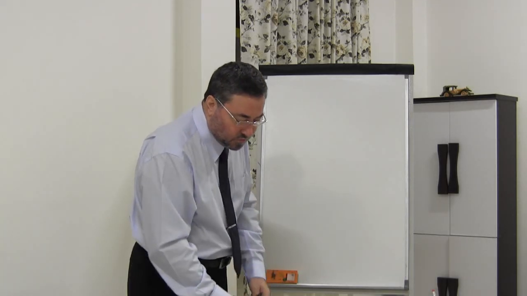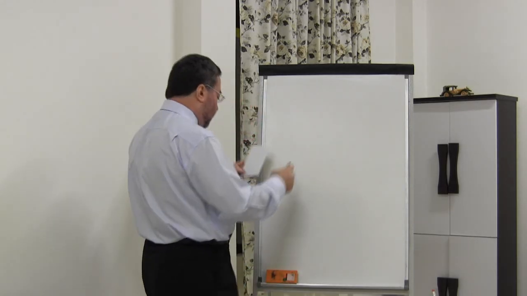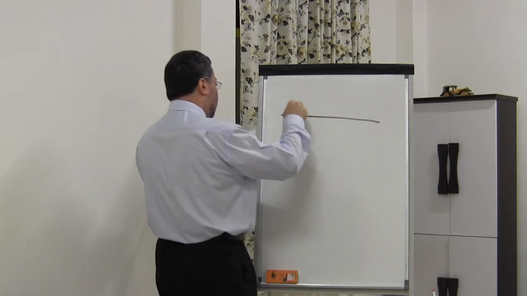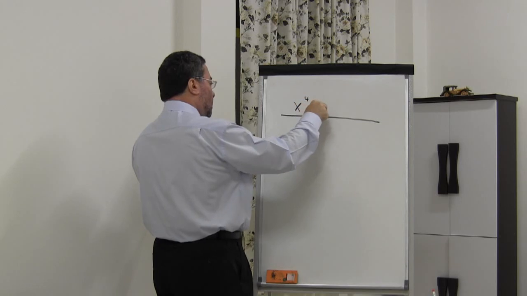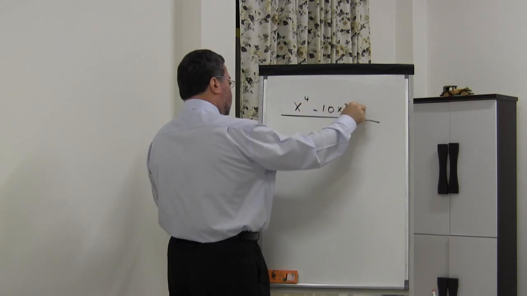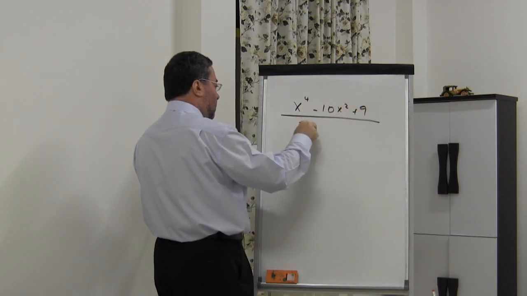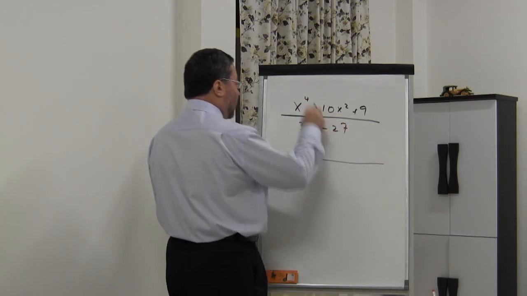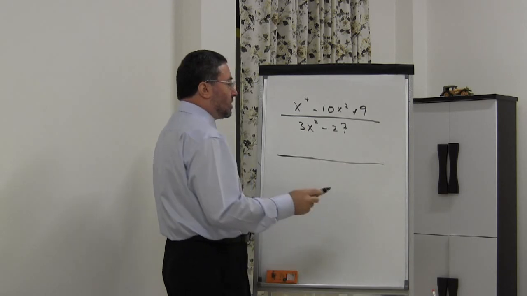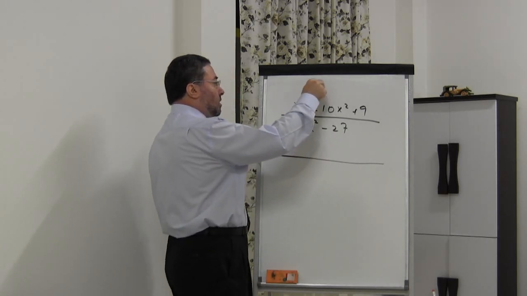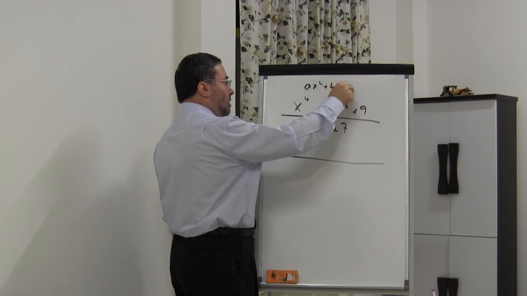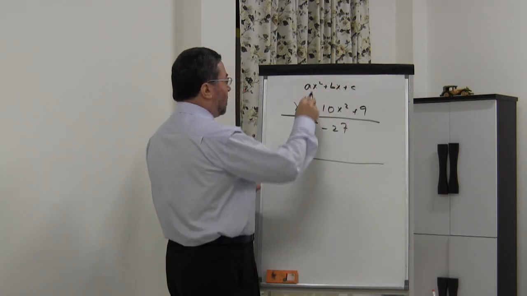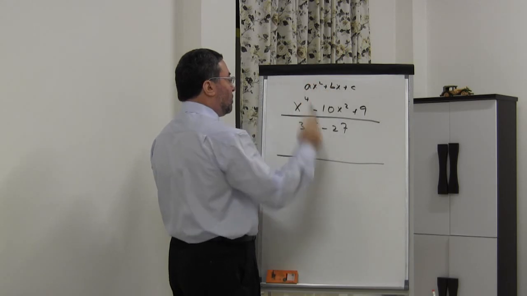Next we'll do number 54. X to the 4 minus 10x squared plus 9 over... we can factor this easily as if it is in this form, the trinomial, where this is the square of this.